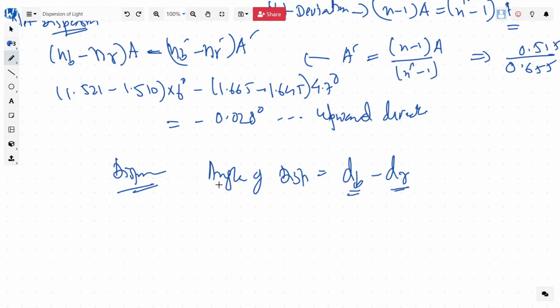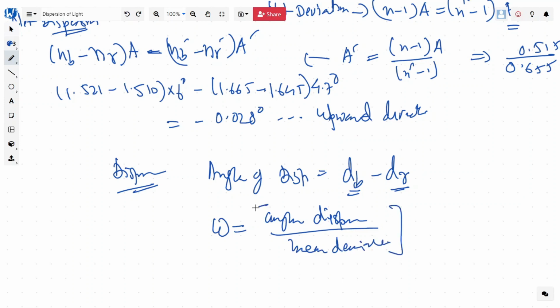Then we derived a formula for omega, or dispersive power, which is nothing but the angular dispersion divided by the mean deviation.